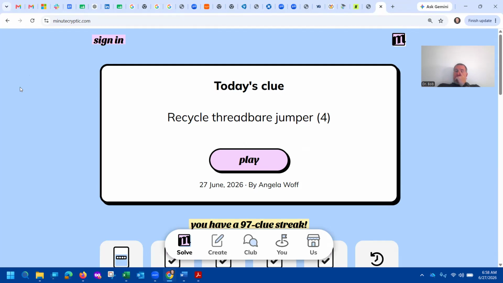Hmm, am I missing a hidden? Don't see any hidden. There are backwards hidden. I don't see a backwards hidden.